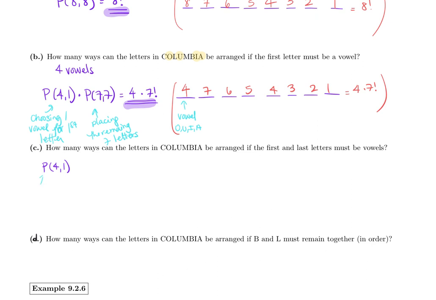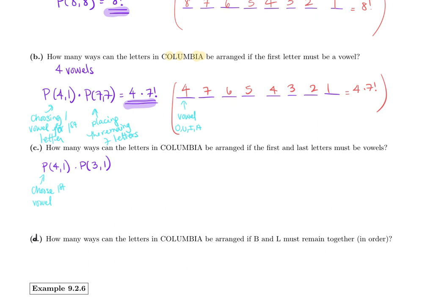So we're going to choose the first vowel. And we also need to choose the last vowel. Well, now we've already taken from our 4 vowels, we've removed 1. So we only have 3 vowels left to choose the last letter.